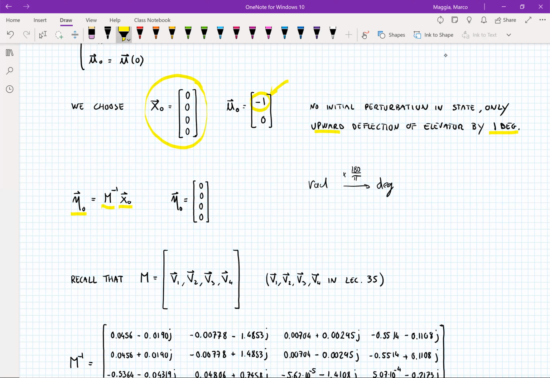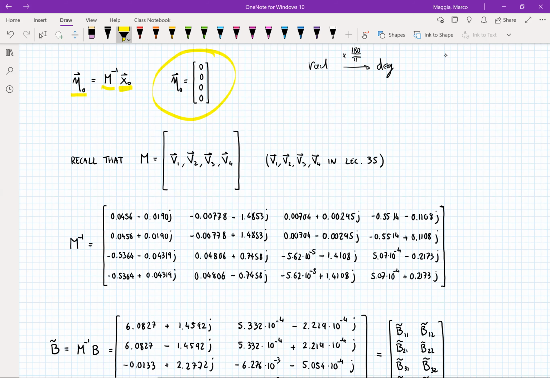Here, even if we didn't know the modal matrix, since the initial condition for the states is a 0 vector, then of course eta 0 is also going to be a 0 vector. But nevertheless, we're going to still use the modal matrix.